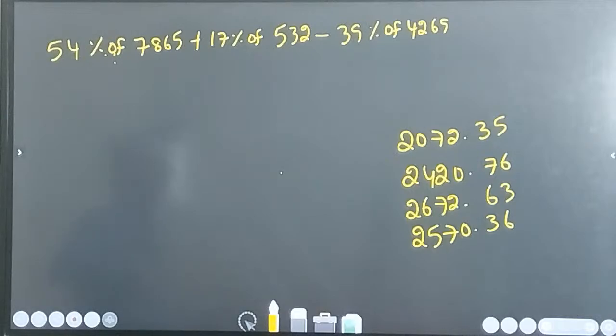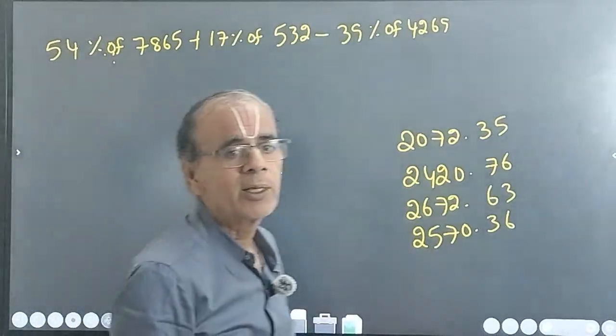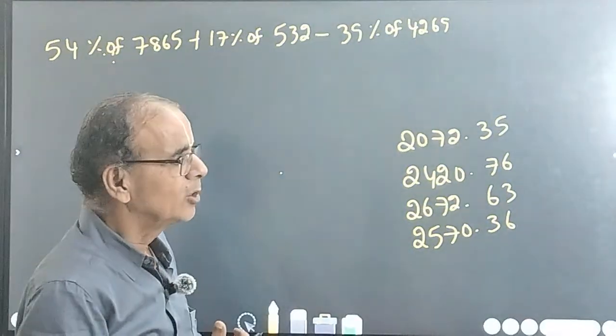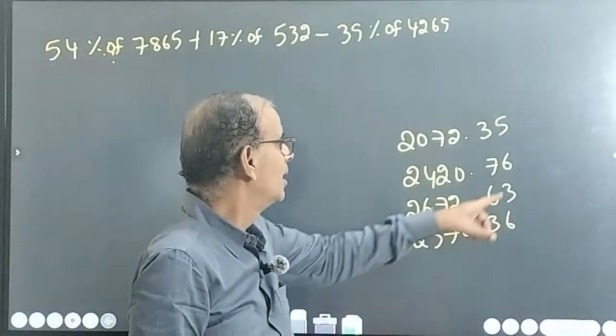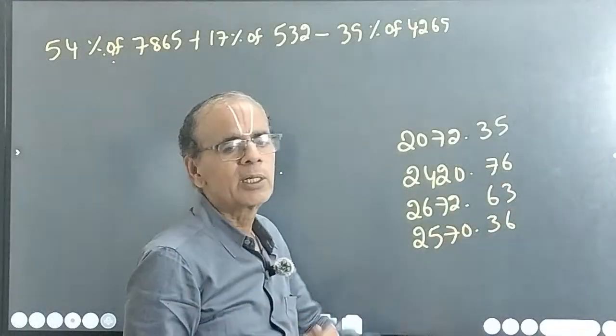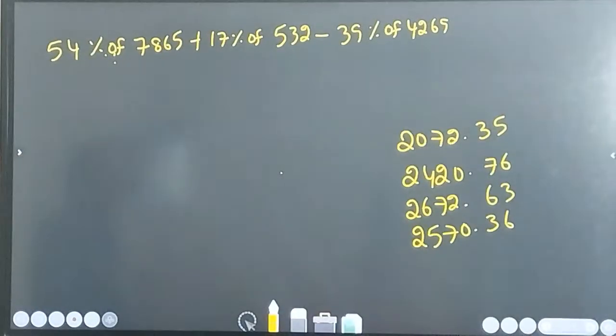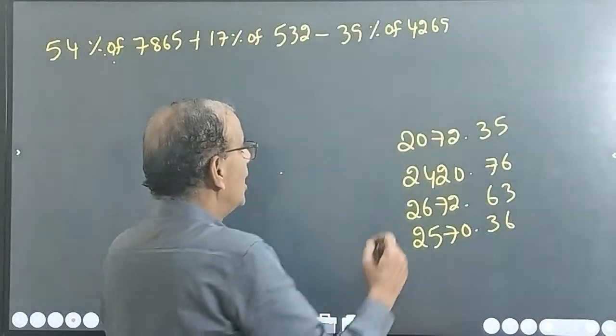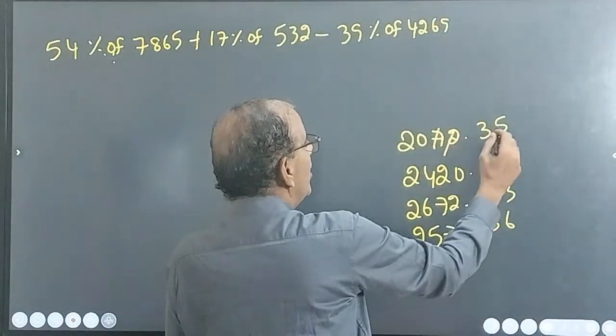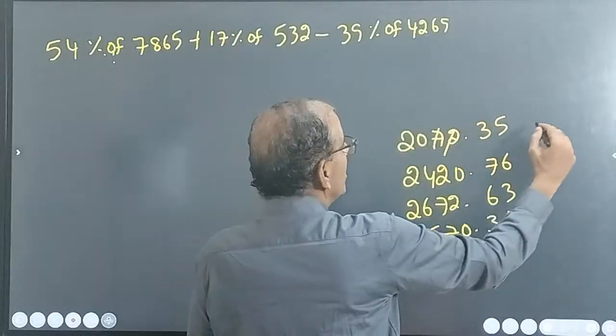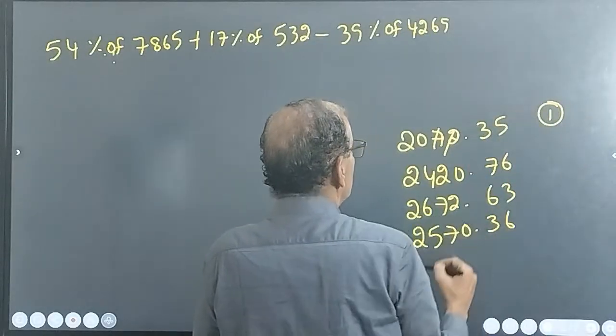17% of 17 by 100 into 532. Here I cannot follow the unit digit concept because this ends with 6, and this also ends with 6. So the unit digit concept I cannot do. I can try the digit sum method. Let us say 7 plus 2 is 9, 5 plus 3 is 8, 8 plus 2 is 10, 10 means 1.